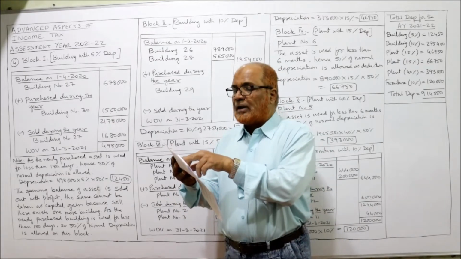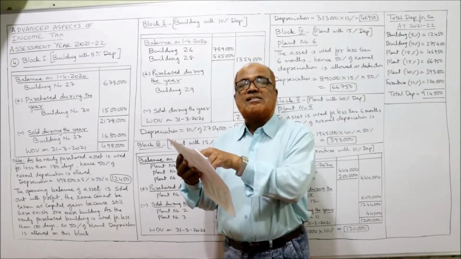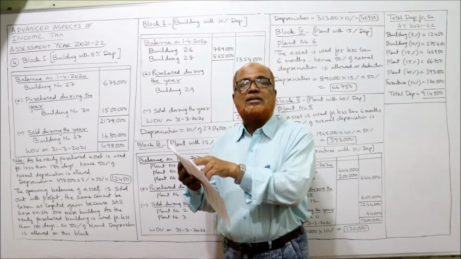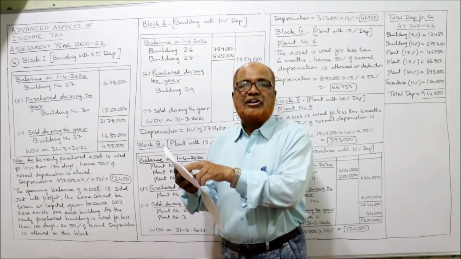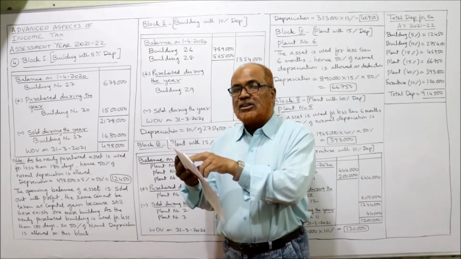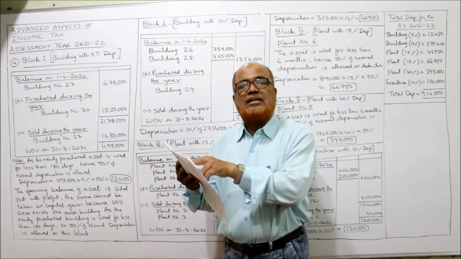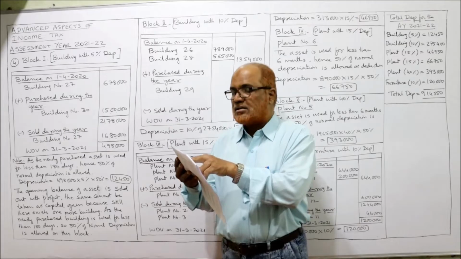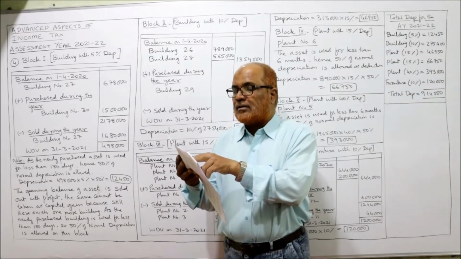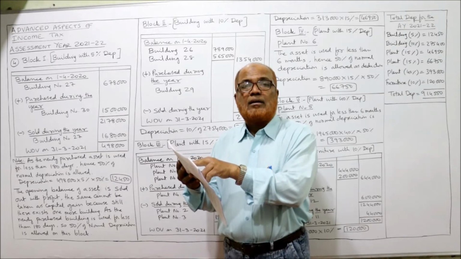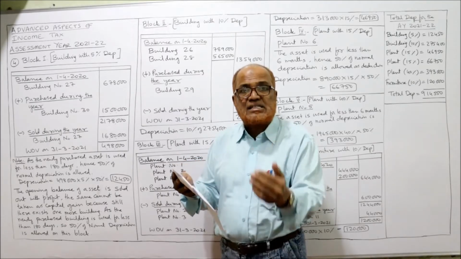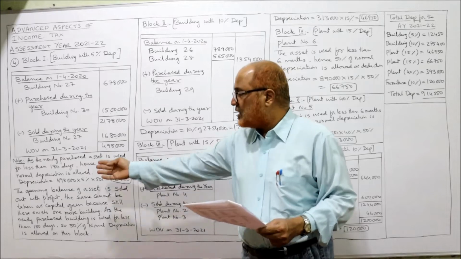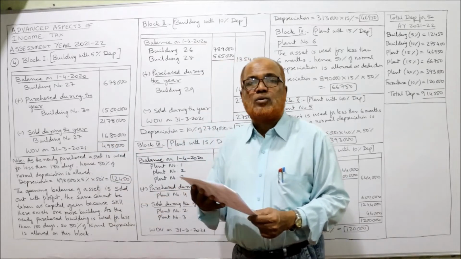Then furniture number 12, purchased on 15th September 2020, is more than 180 days. The next one, 18th June 2020, is more than 180 days. The next, 20th February 2021, is less than 180 days, because we are closing the accounts on 31st March 2021.